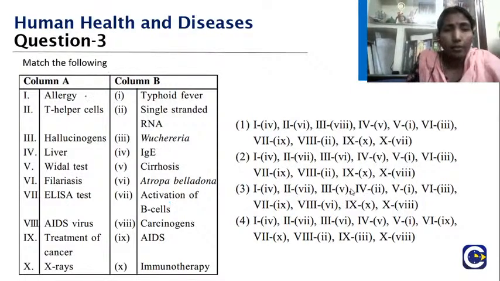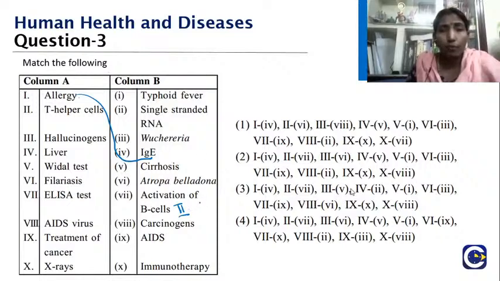Okay, fine. First is allergy. Whenever it comes to allergy, the first to come to your rescue will be IgE. And what about the T helper cells? The T helper cells are so kind, they are always going to activate the B lymphocyte.